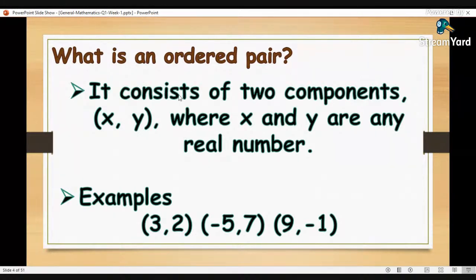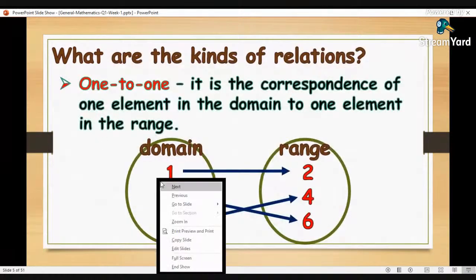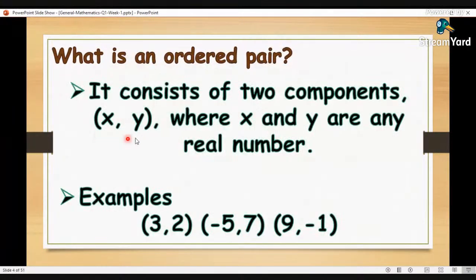Okay, what is an ordered pair? It consists of two components, (x, y). Your x refers to the first element and y refers to the second element, where x and y are real numbers. When we speak of real numbers, those are numbers from negative infinity to positive infinity.